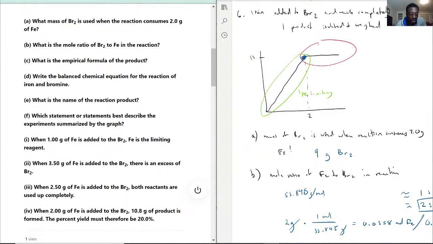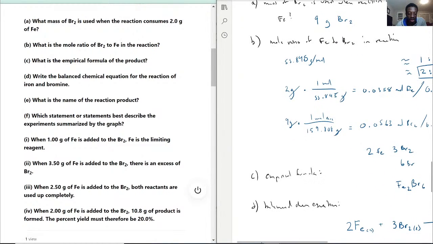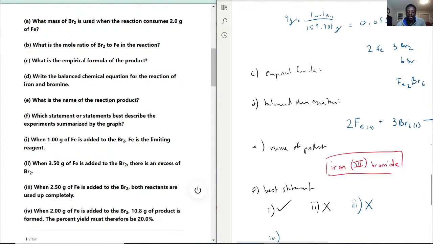The percent yield must therefore be 20%. Percent yield is based on how much was actually formed versus the theoretical value.